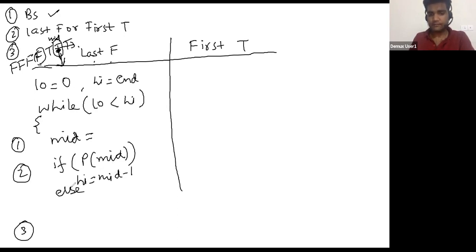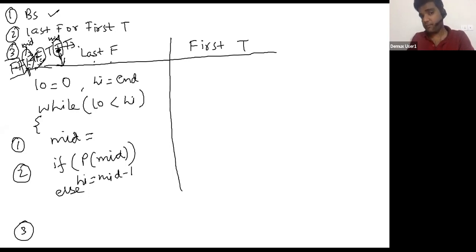Otherwise, if the predicate does not evaluate to true, that means I am somewhere here. I might be here, or somewhere else. Let's say this is the mid. Can I safely skip everything to the left of it?